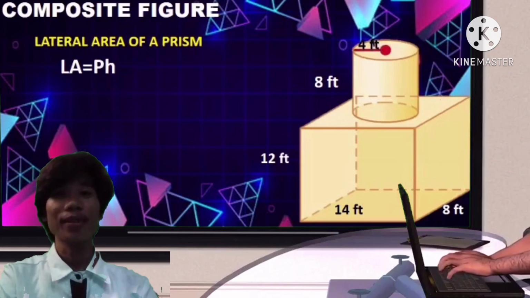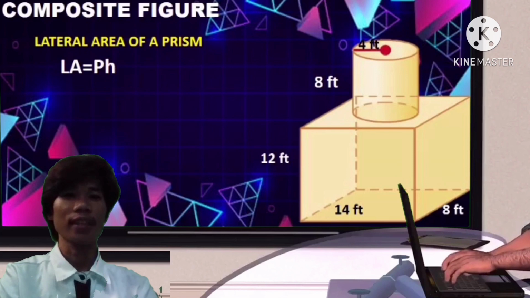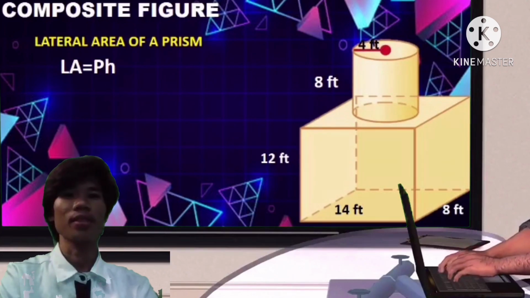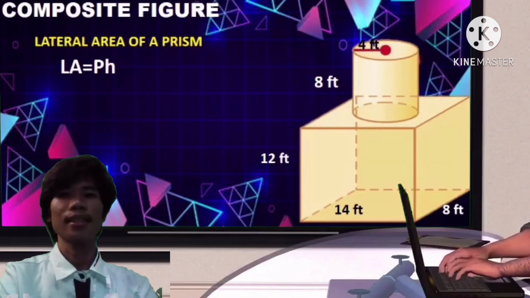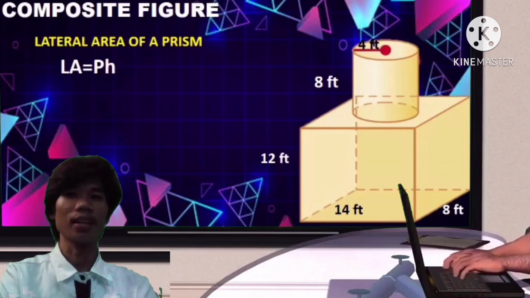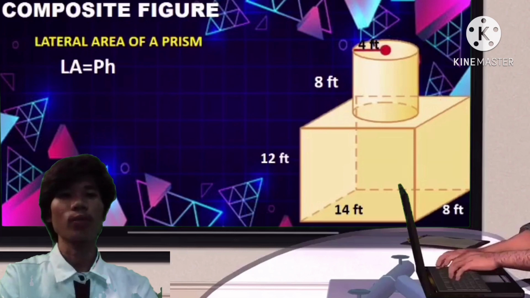So next, we will find the lateral area and the surface area of the rectangular prism, which is at the bottom. Here is the formula of the lateral area of the rectangular prism: L equals perimeter times height. Let us first find the perimeter of a rectangle with the formula P equals 2 length plus 2 width.